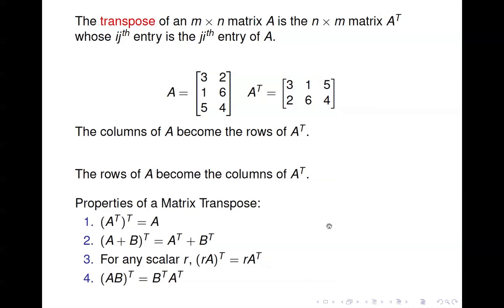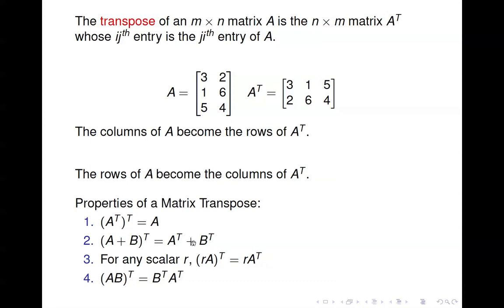Some properties of the transpose. If I take the transpose of a matrix, I'm back where I started. You can look here. If I take the transpose of this matrix, then I end up with A. Row 1 here becomes column 1 of A, and so forth. So the transpose of the transpose is the original matrix.